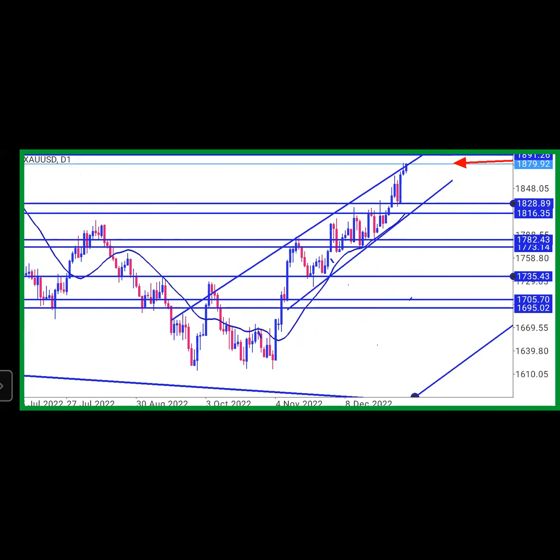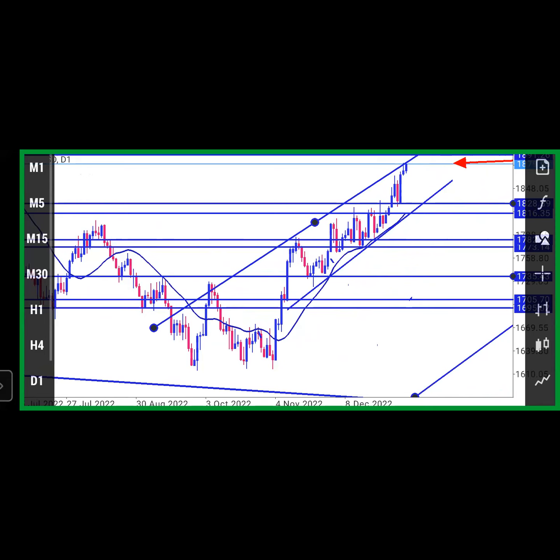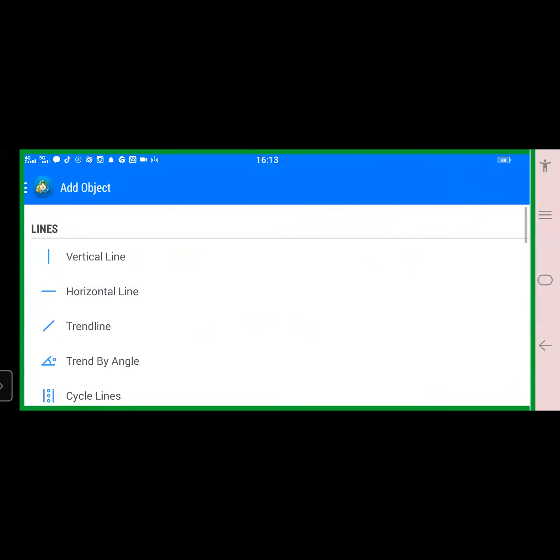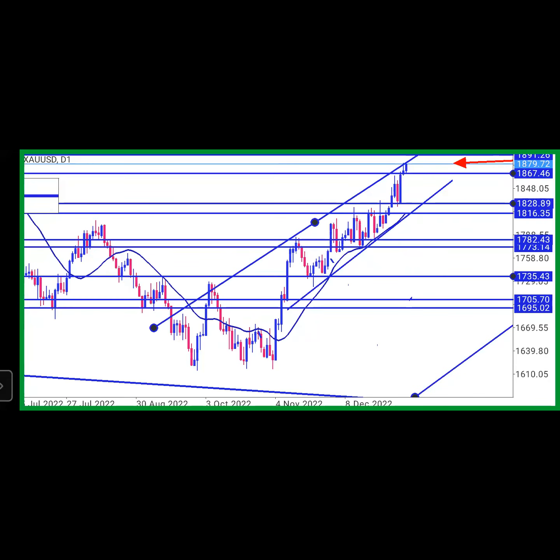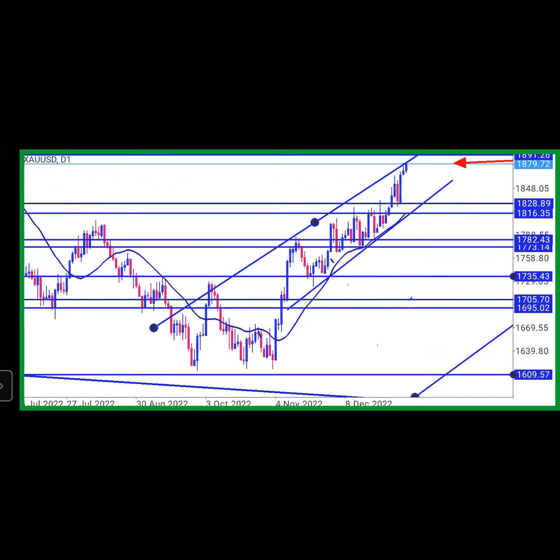Around 1816 to 1828. 1816 to 1828 based on what I marked.